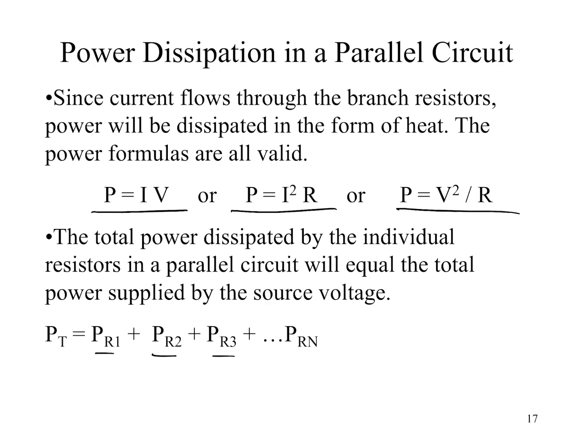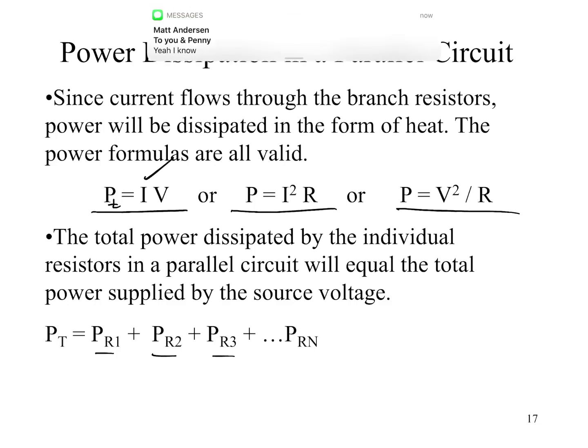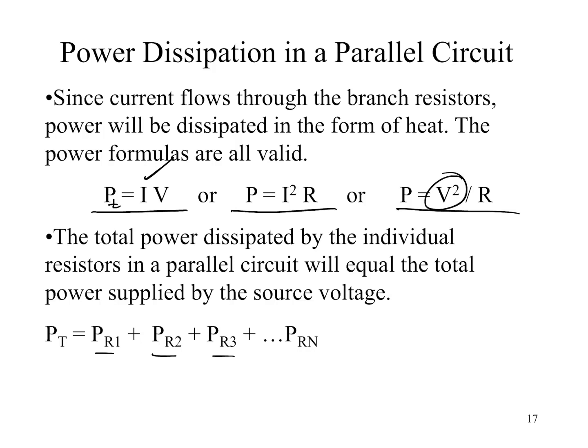Now in parallel, of the power formulas, there are two that are used regularly because of how direct they are in determining our power value. As an example, V times I. If you know the current being drawn from a source, just multiply the two together to give you power total. Furthermore, if you're wanting to figure out the power dissipated by any resistance in parallel, you just look at the V squared value, which will be the same for each and every resistor.